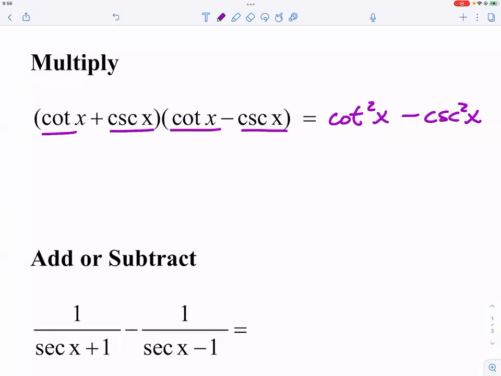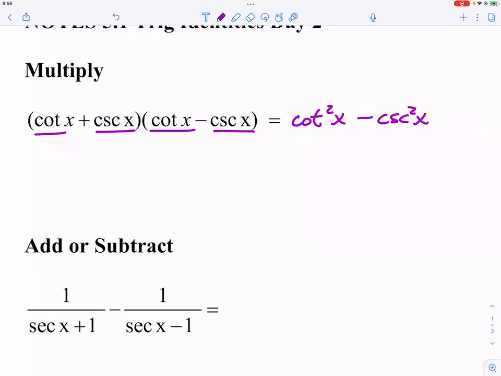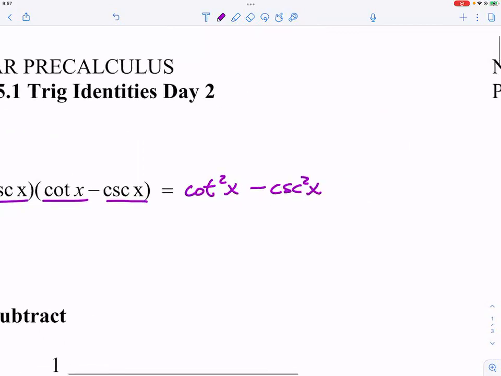Right, and now the question is, wait, hold on. For this thing right here, does this equal to something? Think about what relates to these two things. Cotangent square x minus cosecant square x. Can you relate?